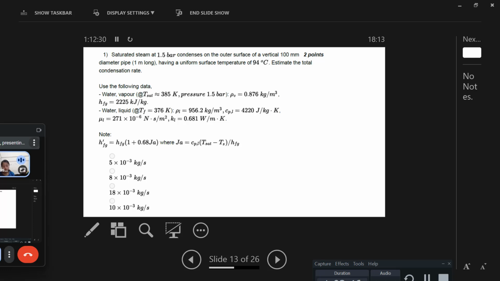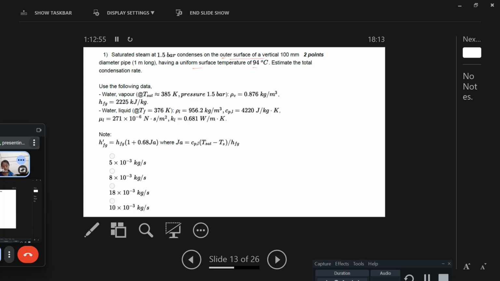Now we go to the next question. So this is saturated steam at 1.5 bar condensing on the outer surface of a vertical 100 millimeter diameter pipe, 1 meter long, having a uniform surface temperature of 94 degrees Celsius.